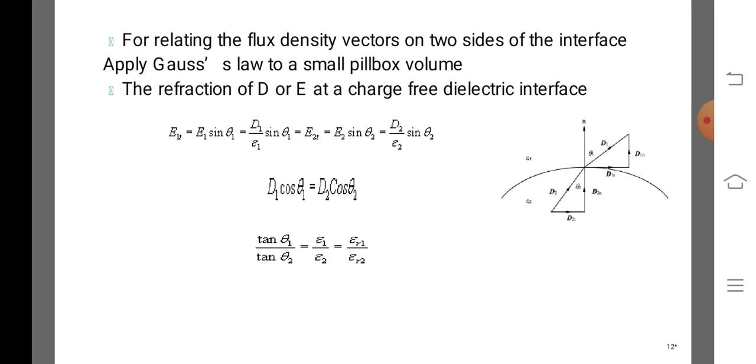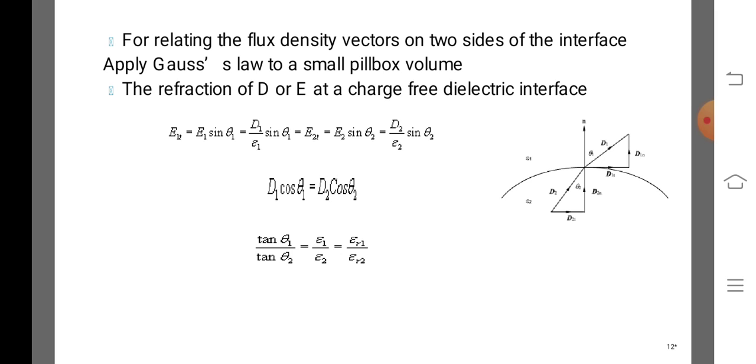That representation is E vector equal to E base T plus E vector base N. This is the electric field representation. The D representation is the same, replacing E. So D equal to D base T plus D base N, where E T and D T are the tangential components of E and D, then E base N and D base N are the normal components of electric field and flux density. So it has more boundary condition components.